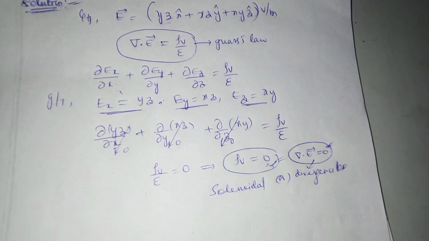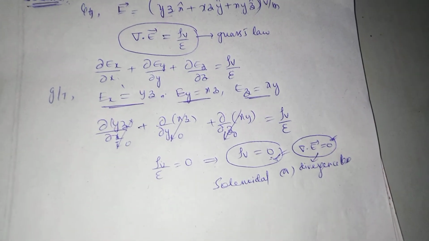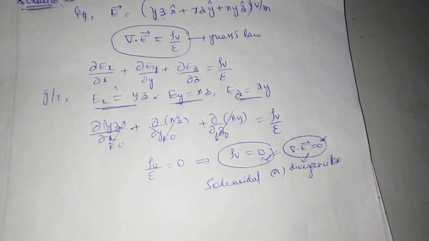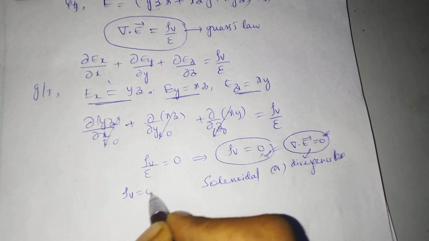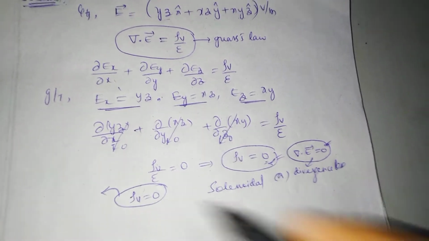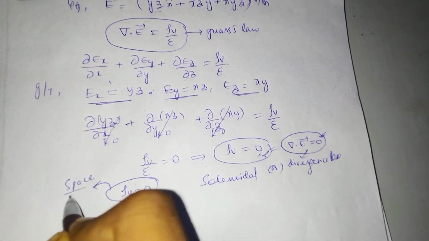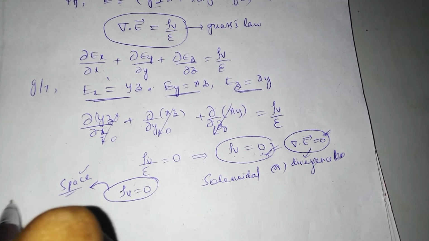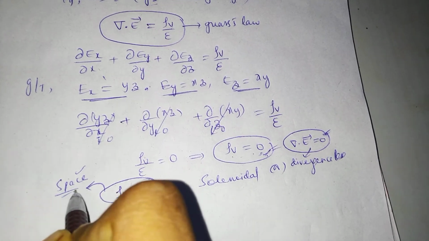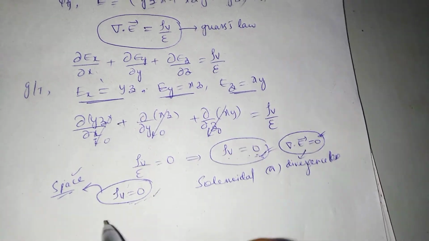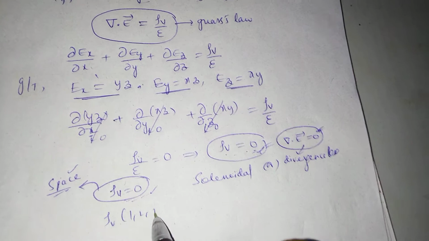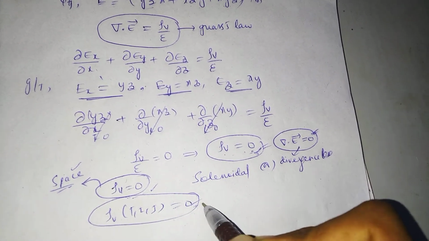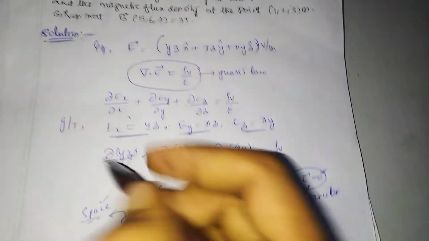This condition says that at any point in space rho v must be 0. For that one, rho v at the point (1, 2, 3) equals 0 only. So this is the divergence.